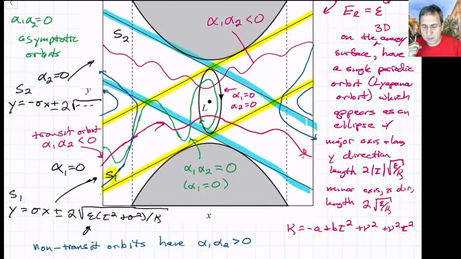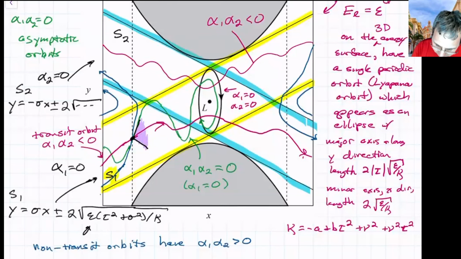Conley had an interesting way to try to understand what these transit and non-transit orbits are like. And the situation is mostly complicated inside these strips. So he looked at what he called wedges of velocity. And he said, look at, say, this point in the lower left. There is a wedge of velocities, and I'll color that in purple.